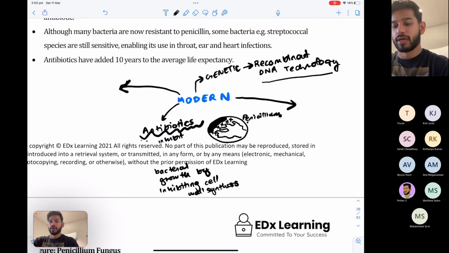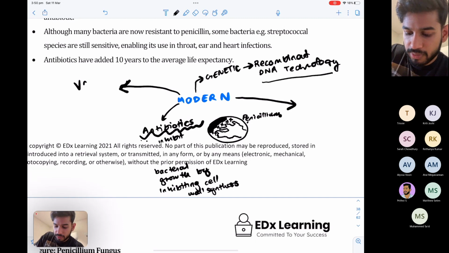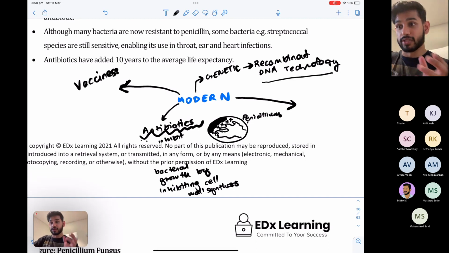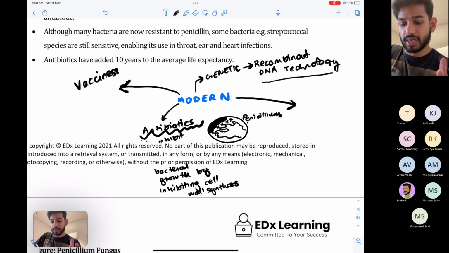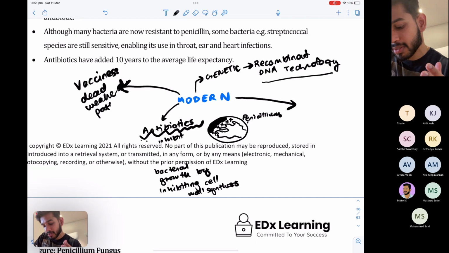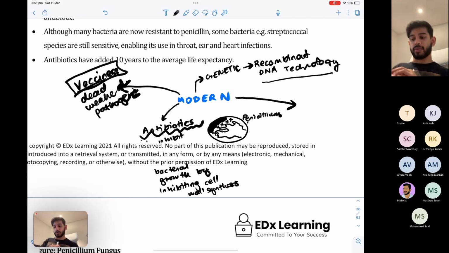So anyway, we've got vaccines as well. Vaccines which use dead or weakened pathogens, right? And that's a very interesting example, which we'll talk about soon.